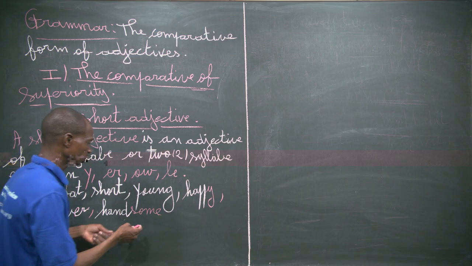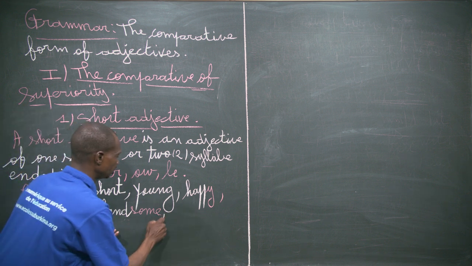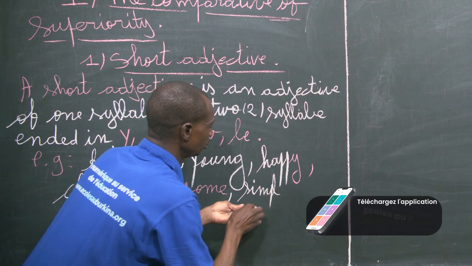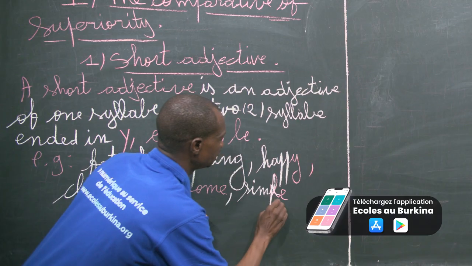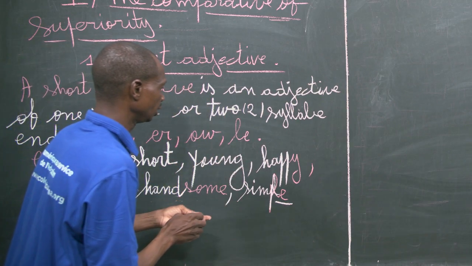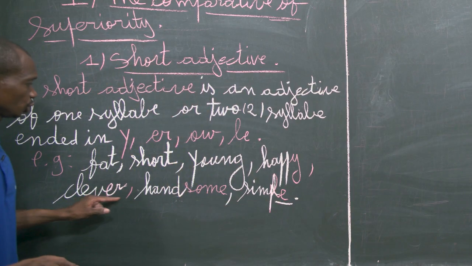Handsome is a short adjective because it ends in SOME. And after it, we have simple. Simple is a short adjective because it ends in LE.